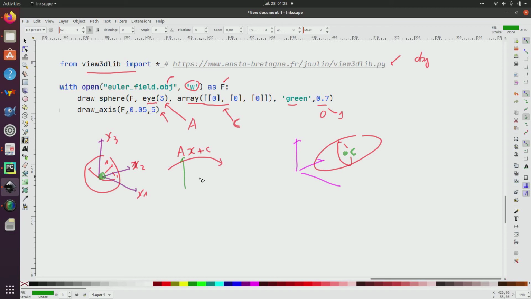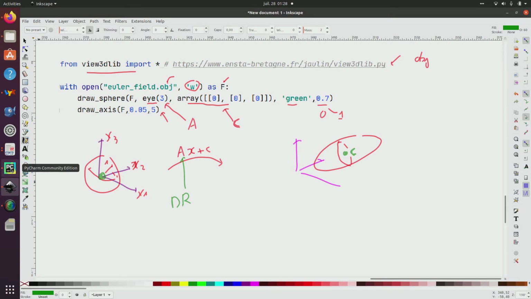So it can be, for instance, a diagonal matrix, or a rotation and a diagonal matrix. So I can have the ellipsoid I want. Most of the time it is the product of a rotation matrix and a diagonal matrix. Okay.